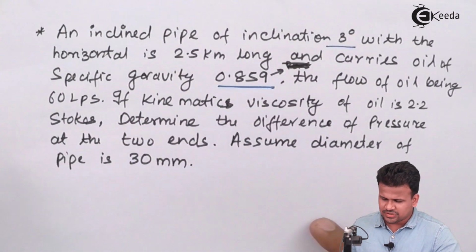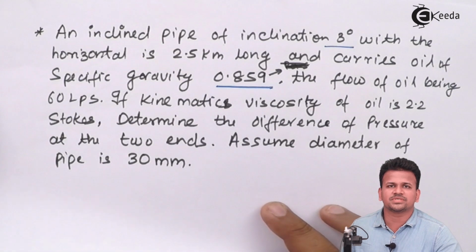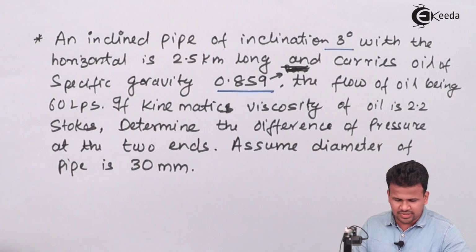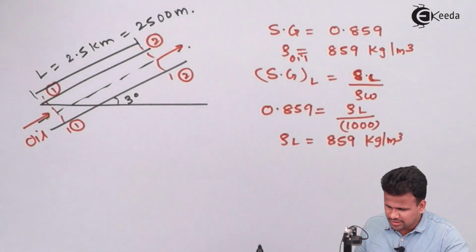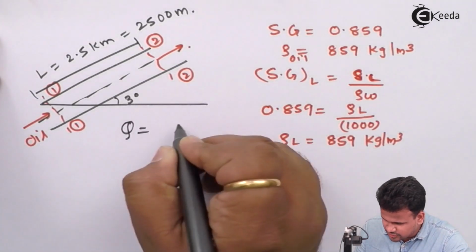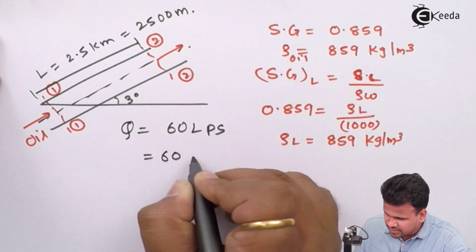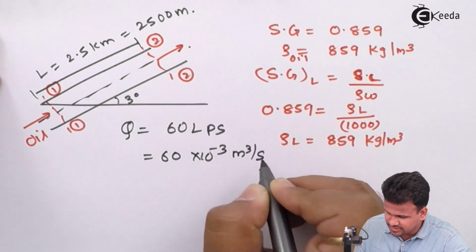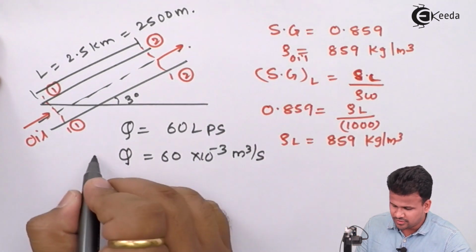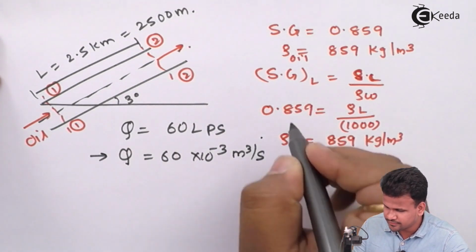Now next it says that the flow of oil is 60 liters per second. So the next thing which they have given us is the flow of oil, that is Q equals 60 liters per second. So this is 60 into 10 to power minus 3 meter cube per second. That is the flow of oil.